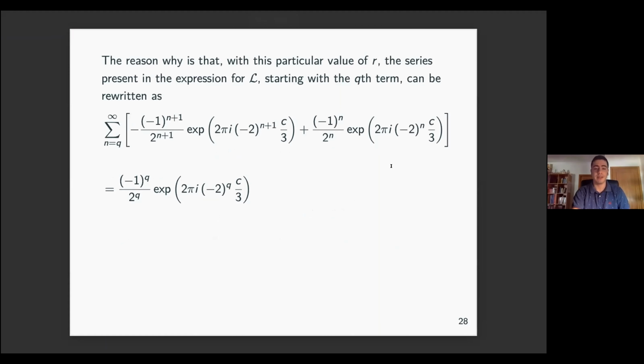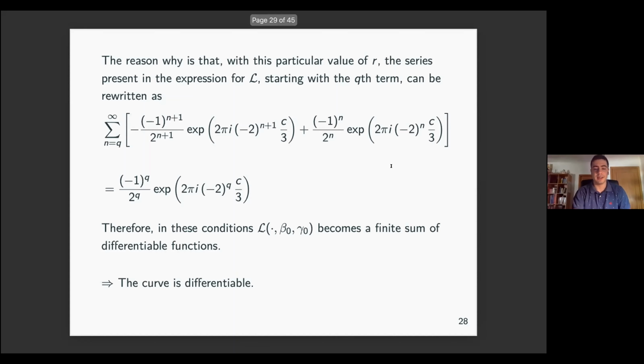This is actually quite easy to prove, we just plug in the values in that formula, and we see that from a certain point, the whole thing telescopes into a single term. And so we get a finite sum. That series that shows up in the formula will actually be a finite sum of differentiable functions. Therefore, the curve will also be differentiable.